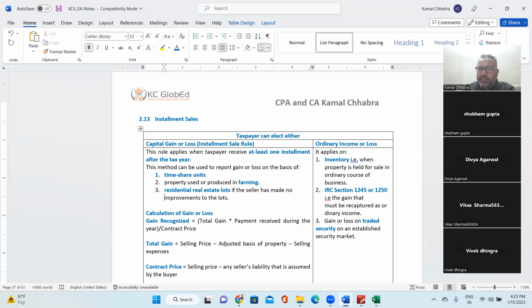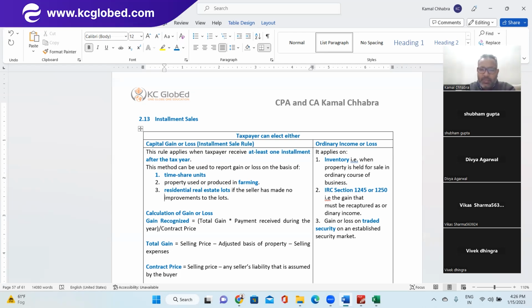So you have given machinery of $100,000 on installment for 12 months, right? And in that you are taking the timeshare unit. That means you're charging the time value of money, right? You are taking some financing income. So in that scenario, you can consider this for capital gain purposes.